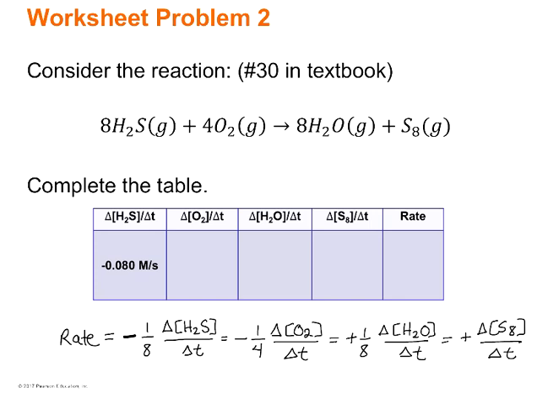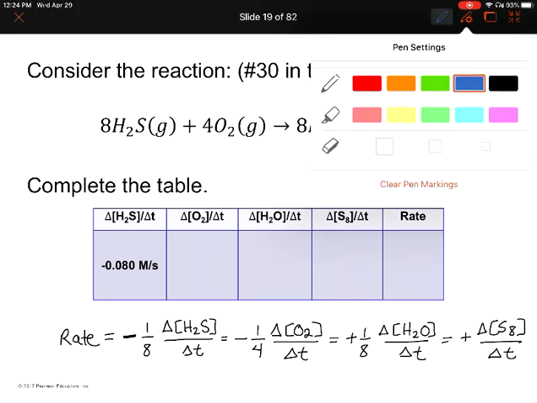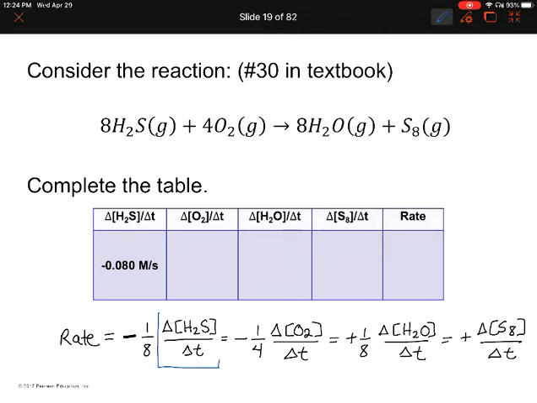So we already know what delta H2S over delta T is. So we could use any of these relationships to solve for what we don't know. So for instance, maybe what we'll do first is solve for the rate, and then we can use the rate to solve for the other three components of this reaction.